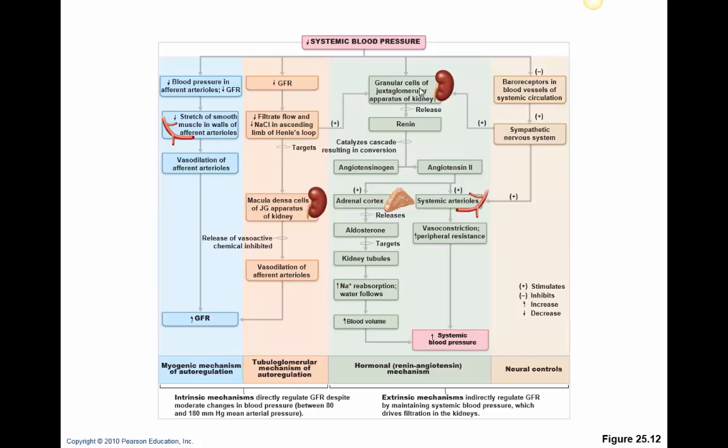So now this pulls us back to the nervous system. What type of receptors would be on the granular cells of the afferent arteriole to respond to sympathetic stimulation? Well, what we find are beta-1 adrenergic receptors that when stimulated, when they receive an action potential from a sympathetic nervous system nerve, the renal nerves, they are going to be activated as well, and they're going to stimulate renin in response to that activation.